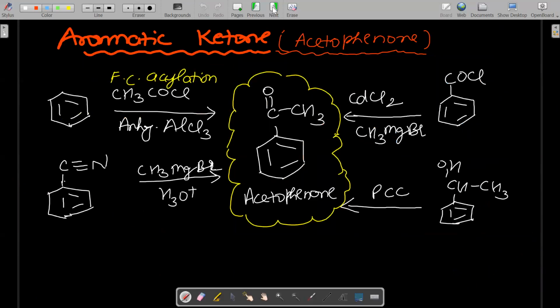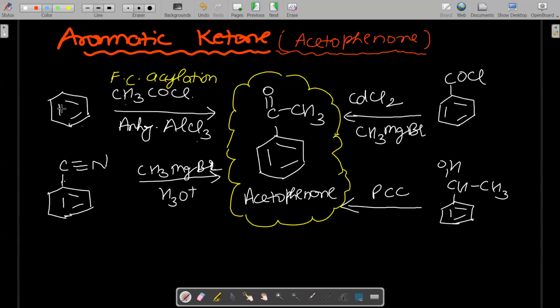Now, the aromatic ketone, how is the aromatic ketone, that is acetophenone, prepared? There are a few methods. From benzene, acetophenone can be prepared directly by Friedel-Crafts acylation, meaning benzene reacts with acetyl chloride in the presence of anhydrous AlCl3 to form acetophenone.